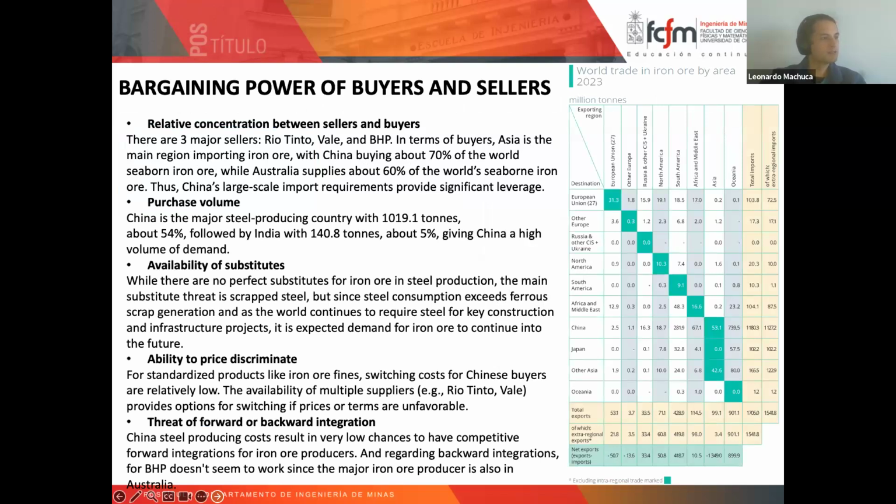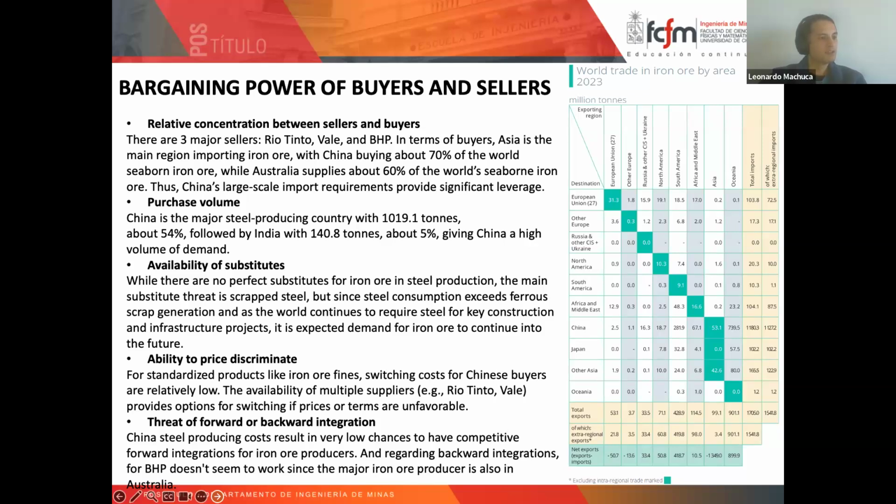Regarding the bargaining power of buyers and sellers, as Jordanelis said at the beginning, defining the market, we have three major sellers: Rio Tinto, Vale, and BHP. Rio Tinto and BHP are located in Australia.